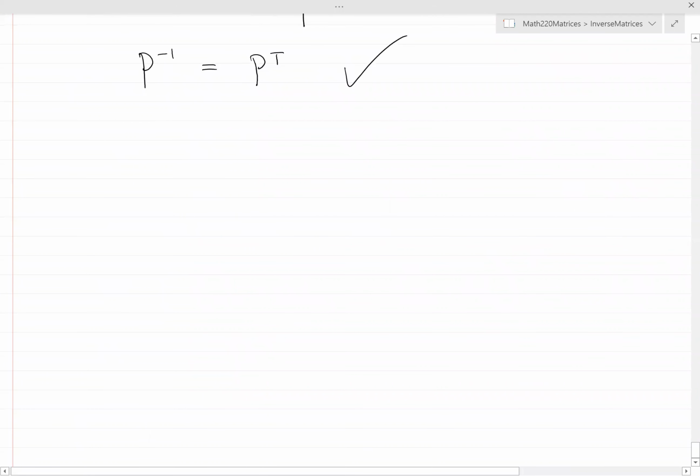Okay, let's see some example of a permutation, how we apply permutation on a matrix to do operations on a matrix. Remember, this is kind of an elementary matrix. We use elementary matrices to do row operations.